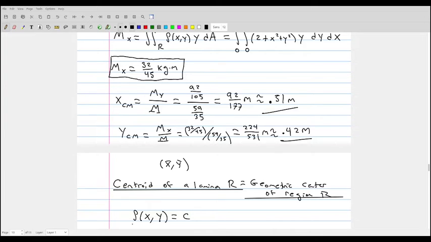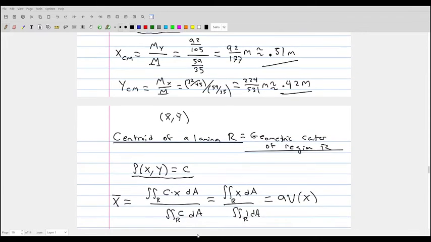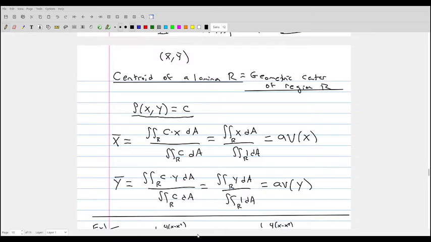So the density function is equal to c. Even if the density is non-constant, like in our example problem, we just momentarily pretend that the density is constant and use our center of mass formulas, in which case the following happens, right?